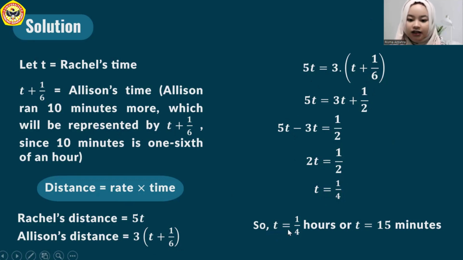So t equals 1 over 4 hours, or because the question requires time in minutes, we just convert 1 over 4 hours into minutes. So 1 over 4 hours times 60 minutes equals t, 15 minutes.